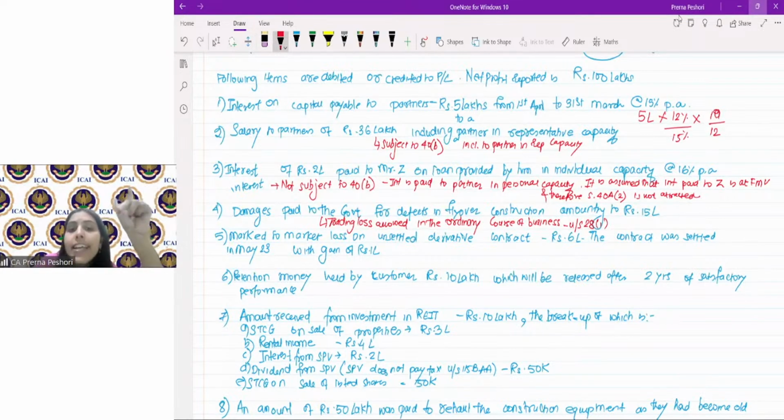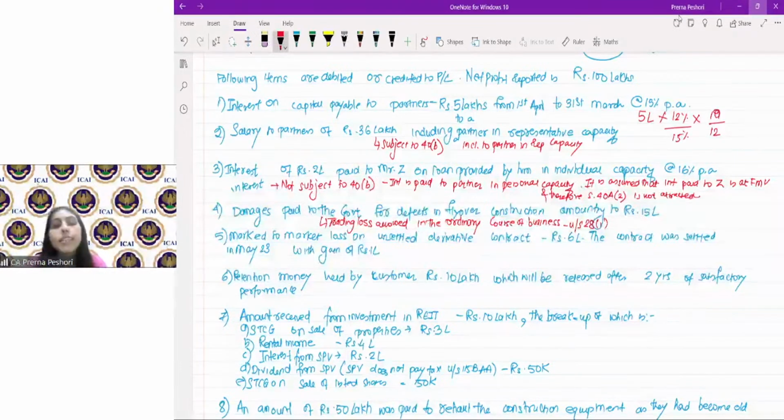So the profit and gains computed as per commercial accounting principles means the normal accounting principles which we are following, as well as the ICDs which are notified under 145(2). Are we clear? Clear, yes or no?